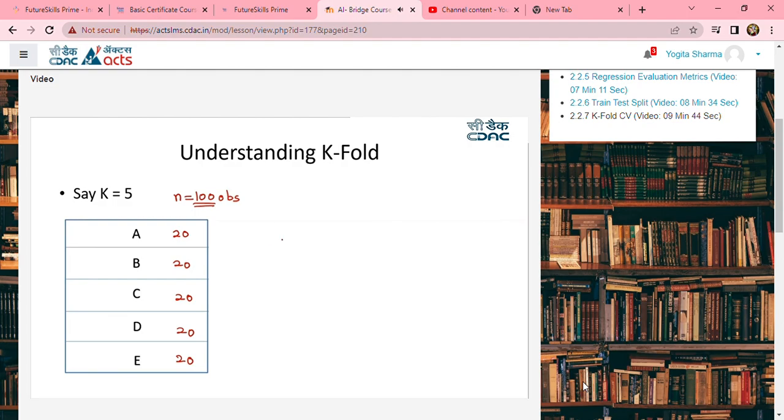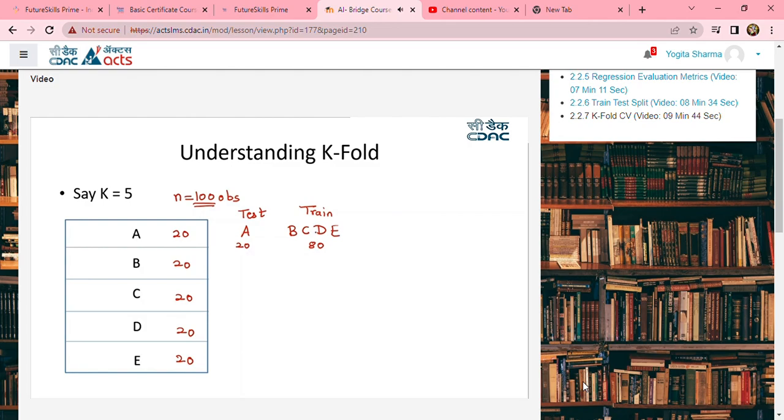Now we consider A as the test set and B, C, D, E combined as the train set. So obviously we will have 20 observations in the test set and 80 observations in the train set. Considering this, we do model building on the train set and predict on the test set.